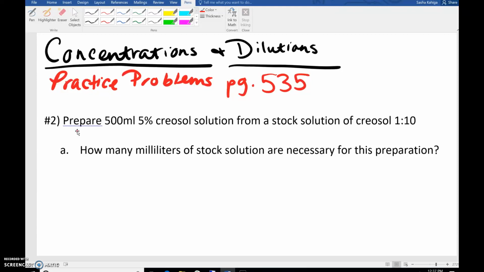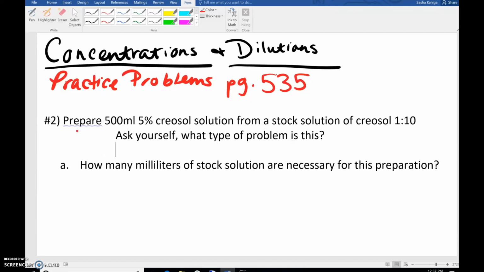So the first question that you ask yourself is, what type of problem is this? Well, based off of what is given, you have two concentrations.